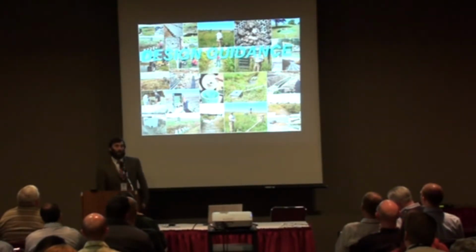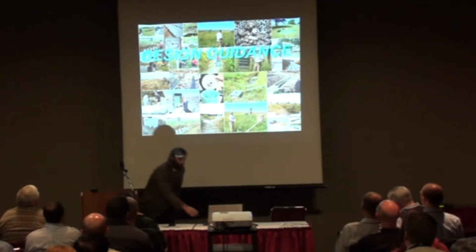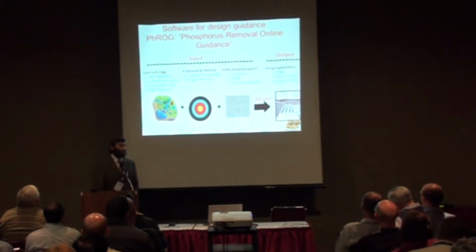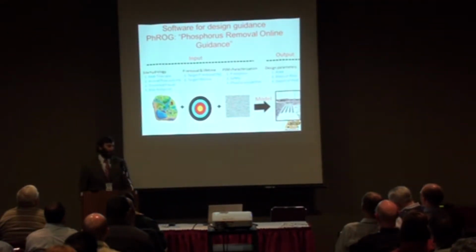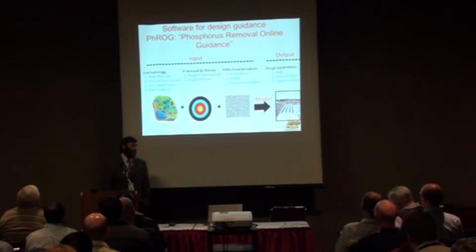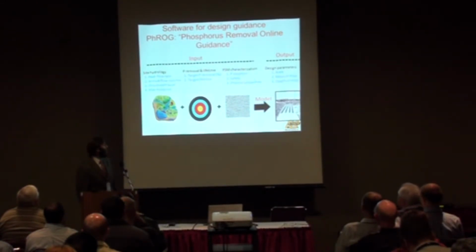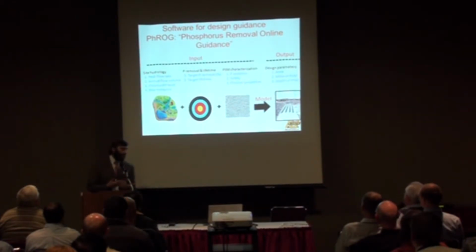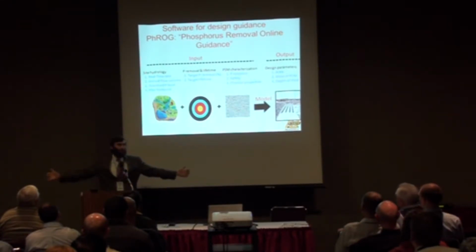I'll give you an example here of design, the process we go through when we design these things. We developed software for this called PROG, Phosphorus Removal Online Guidance. Basically, the user inserts certain inputs about the site itself: peak flow rate, average annual flow volume, obviously dissolved phosphorus concentrations, and the maximum footprint that you're willing to sacrifice.